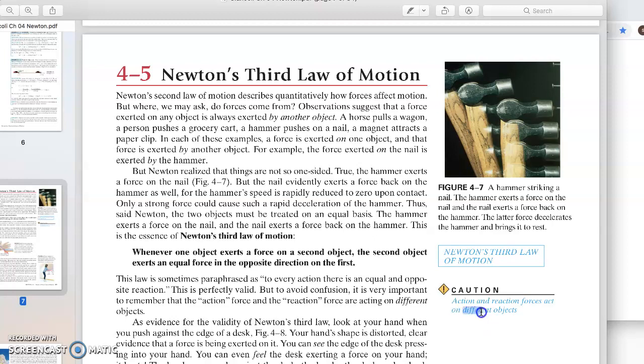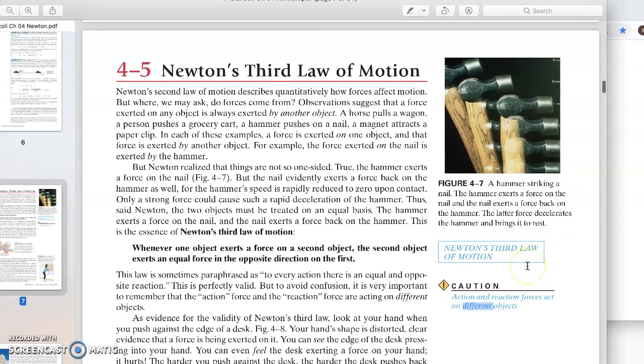They are not acting on the same body. For example, this is a hammer and this is a nail. There is a force from the hammer on the nail, and that is the action, and the reaction is from the nail on the hammer. So again, it is the force that the hammer is applying on the nail, and there is a force as a reaction the nail is applying on the hammer.